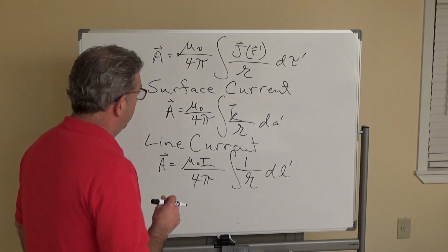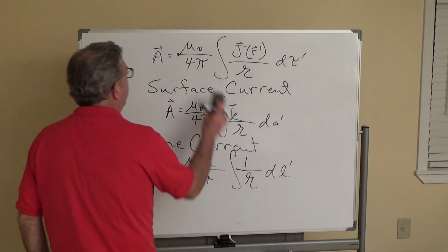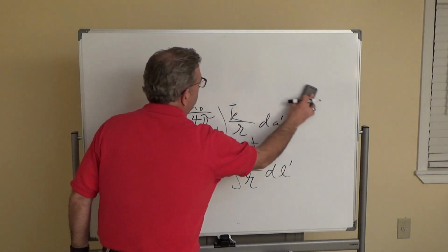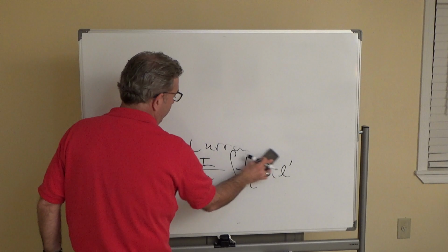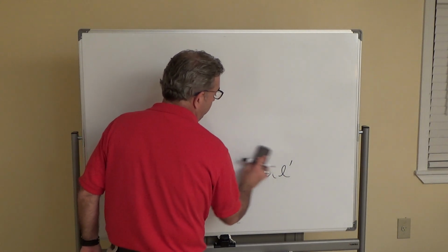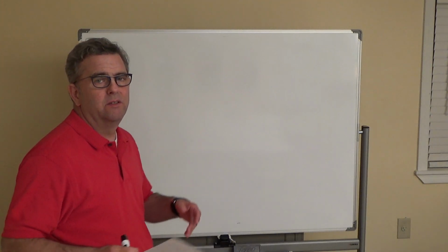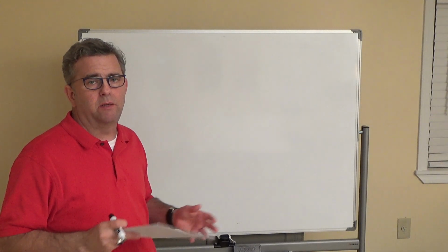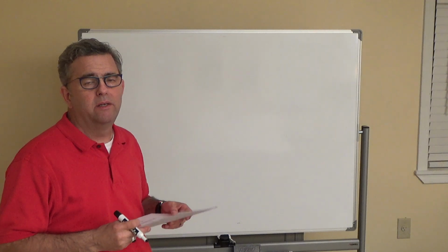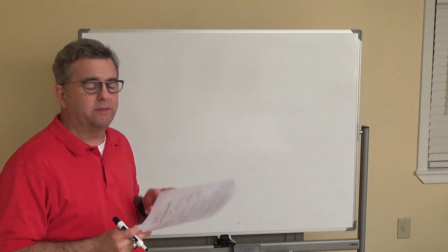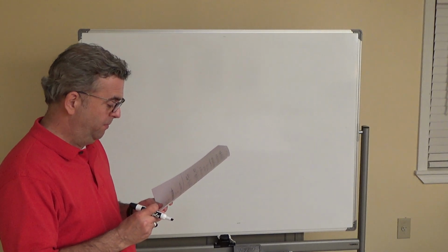Okay? So I want to calculate the magnetic vector potential for a geometry that we keep coming back to. We use it a lot because it's simple. It's about as simple as it can get, and it gives you a feel for how to calculate this magnetic vector potential.